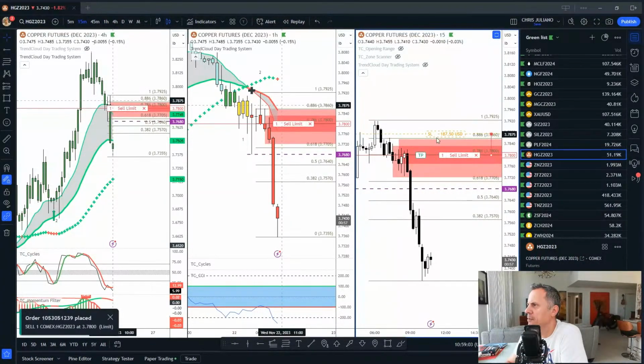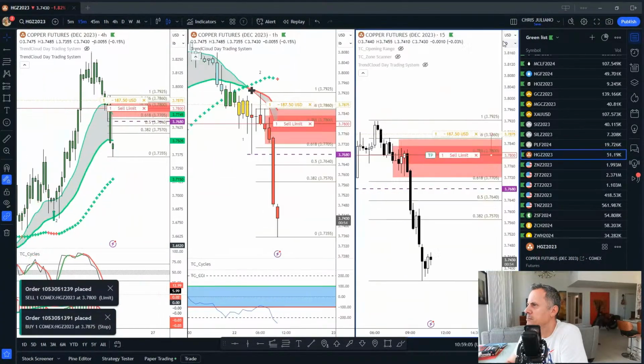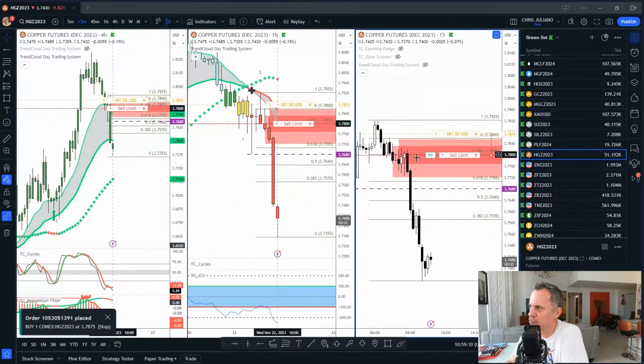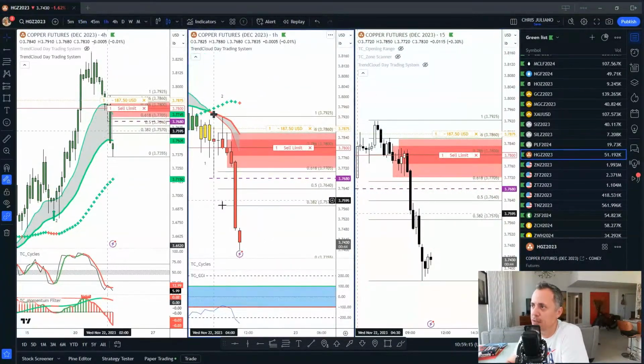Bring this above. There's your copper trade right there. A very objective and optimized strategy to take your copper trade. 786 retracement level inside of a level of imbalance, right?